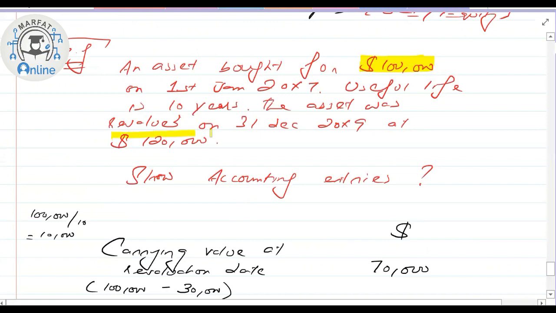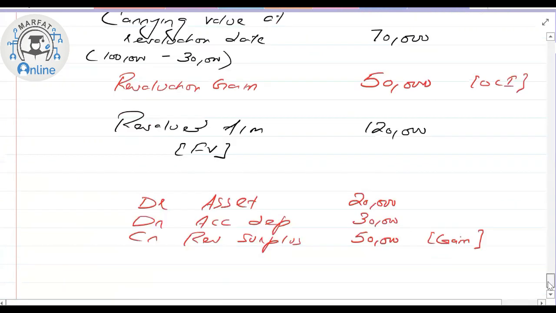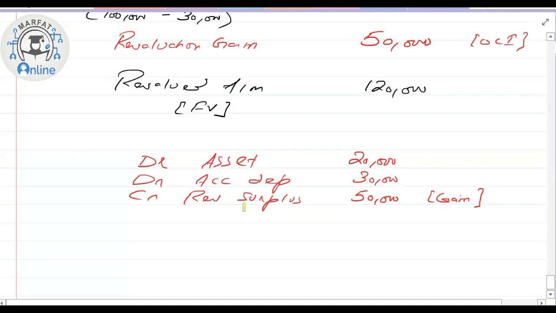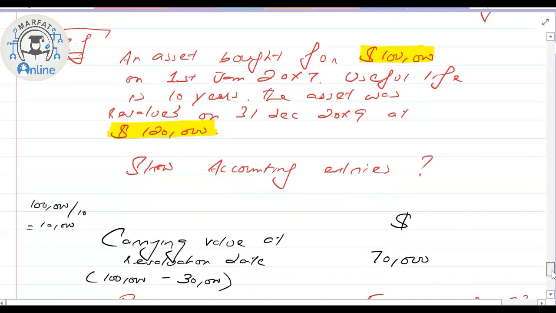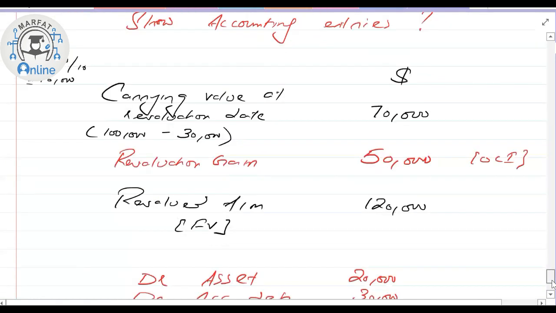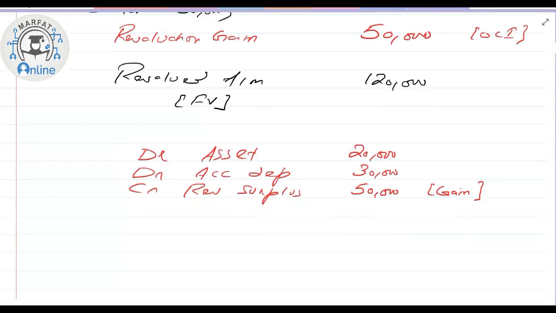Now, the asset has moved to 120,000, so the movement in the ledger should be only 20,000. So you see that credit revaluation surplus 50,000, debit accumulated depreciation 30,000, and the asset automatically comes to 20,000. This is the movement, because in the ledger the asset was at 100,000 and the market value is 120,000, so it moved only 20,000.